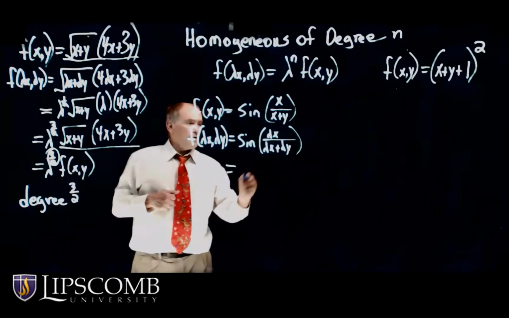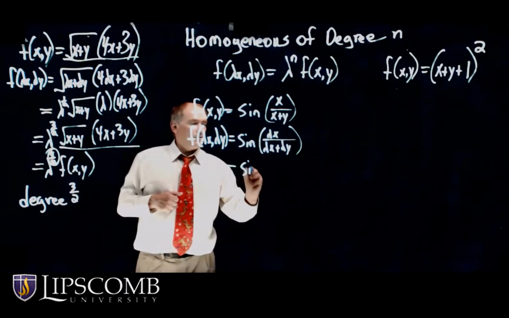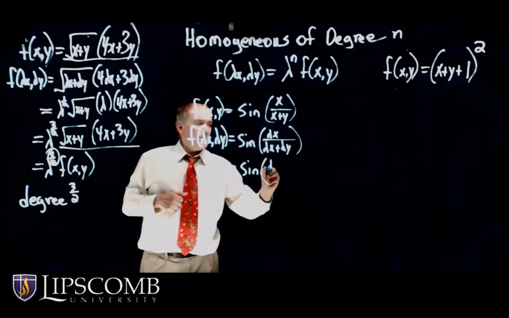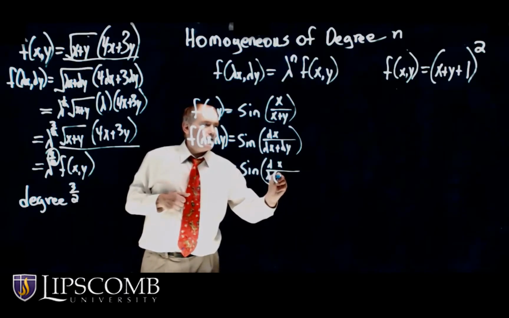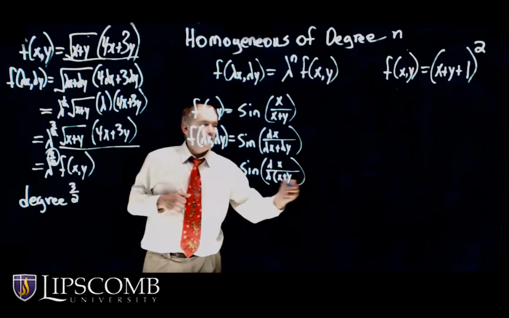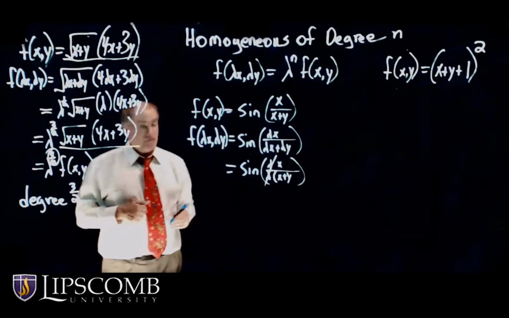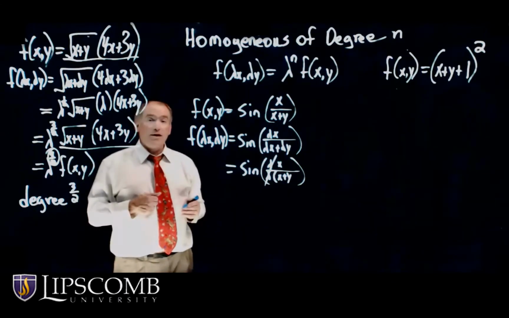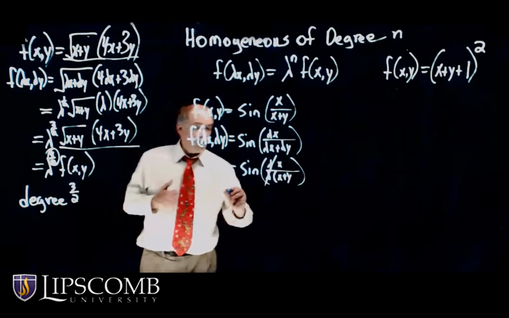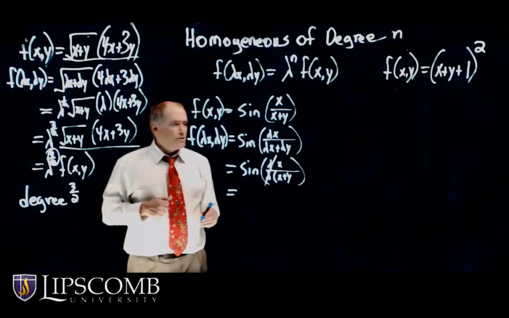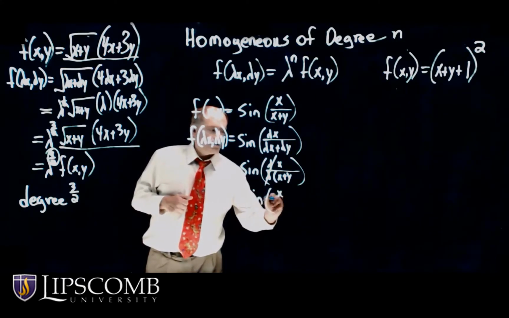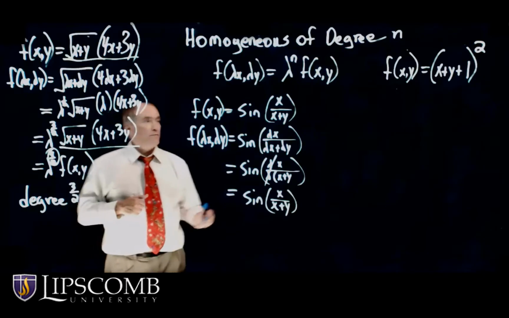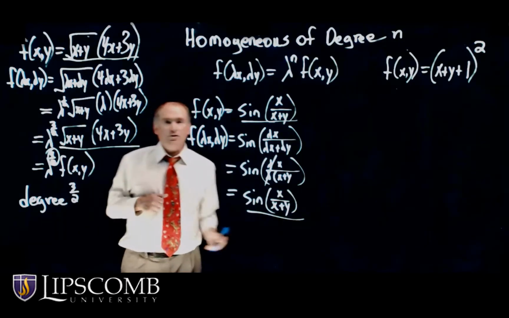What do I notice? I can factor out a lambda from the x plus y, and those lambdas cancel each other out. Lambda over lambda is 1 because lambda is not 0 here. So I end up with sine of x over x plus y. Well, that's the original function.